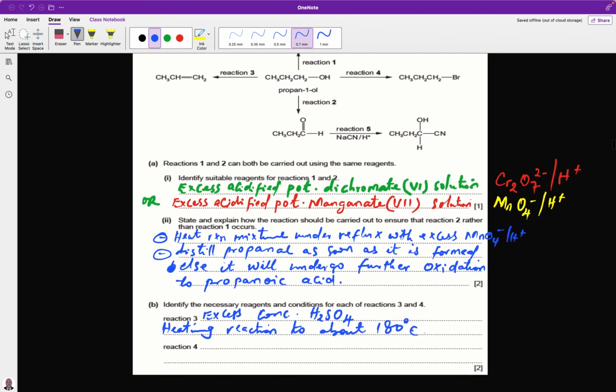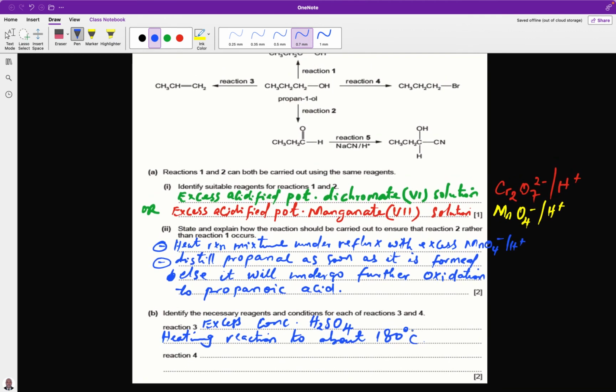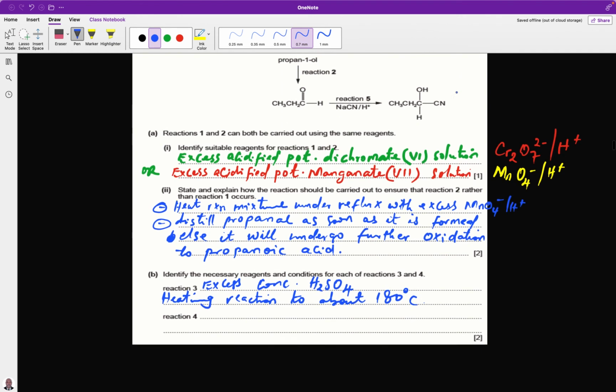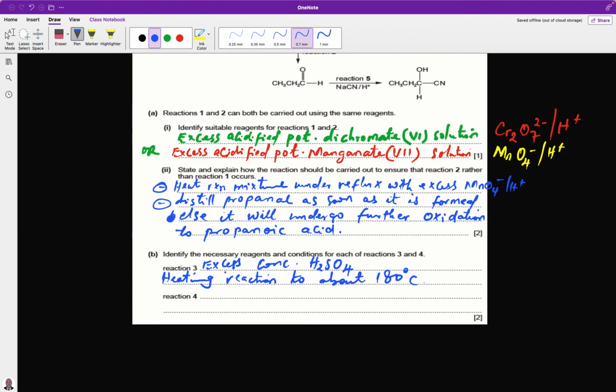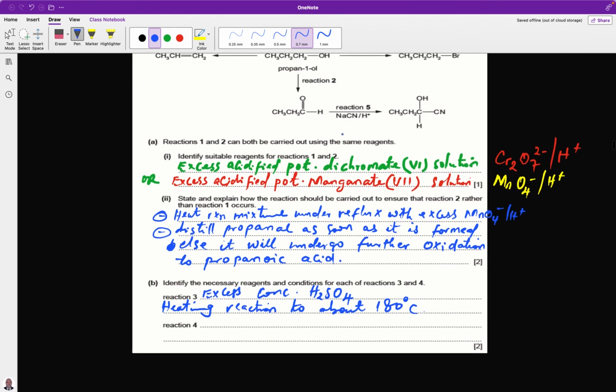Then reaction 4 will involve halogenation of alcohol to form a halogenoalkane. Now, what will be the reagent? Well, there are many sources of the halogen.